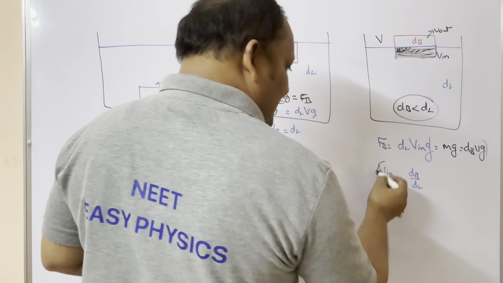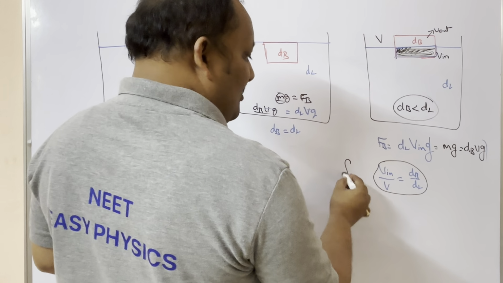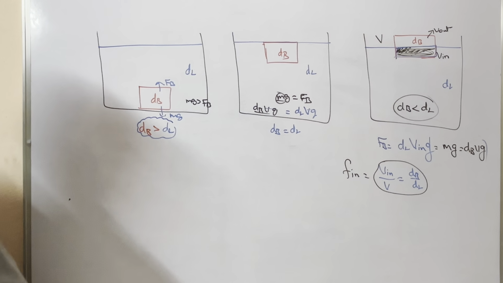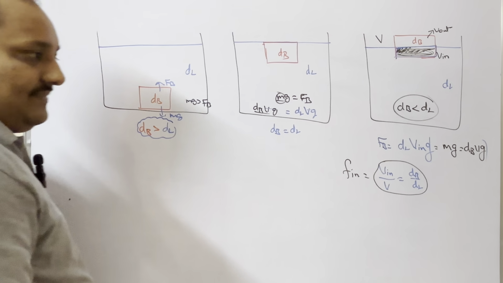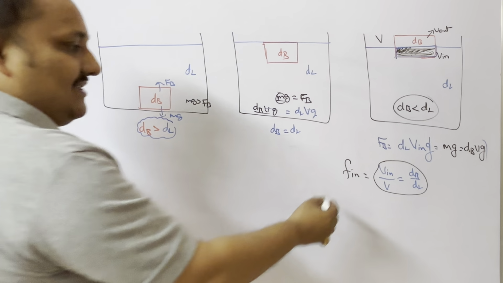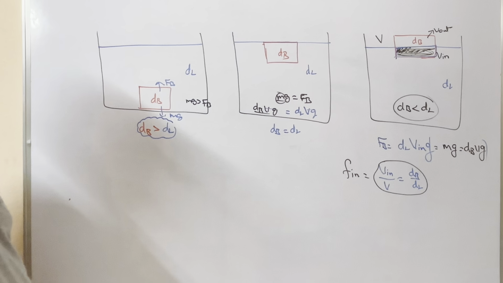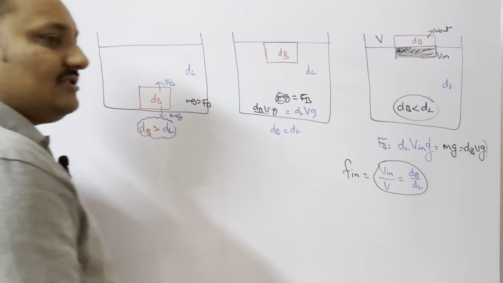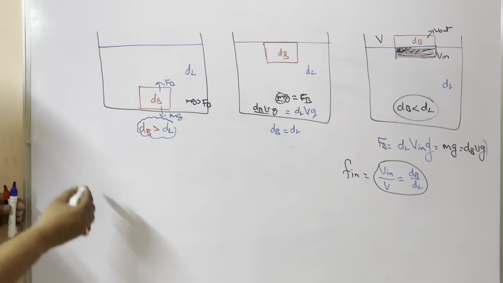So what is this V in by V? It is the fraction of volume inside the liquid. So they will give that an object is placed inside water. What is the fraction of volume inside? At that time they may give the density of the body, or the density of water, which we will take as 1000. Let us assume we will simply do one problem.